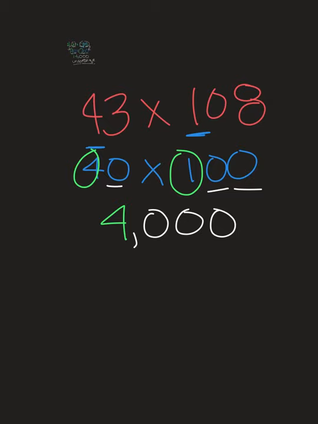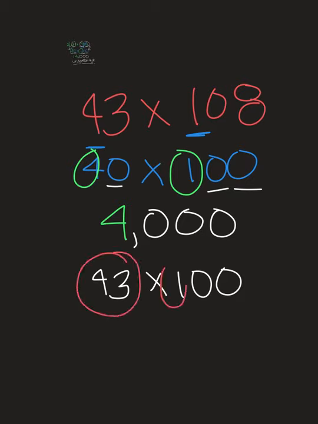Now, another way to do this one, which would get you about the same answer, is also correct. If you left the 43 by itself, let's see what that would look like. If we left the 43 by itself and did 43 times 100, so we basically only rounded one of them, this is still kind of easy to solve, right? We would get approximately the same answer. In this case, it would be easier just to say 43 times 1, right?